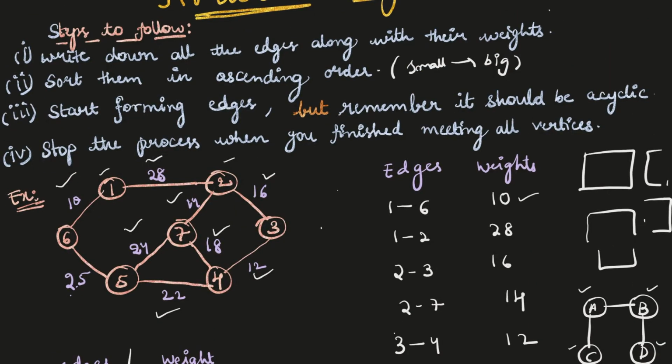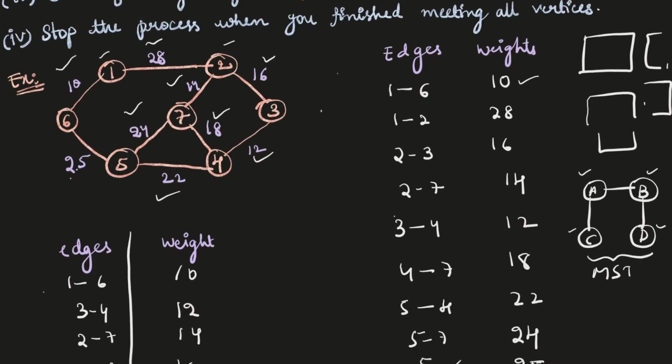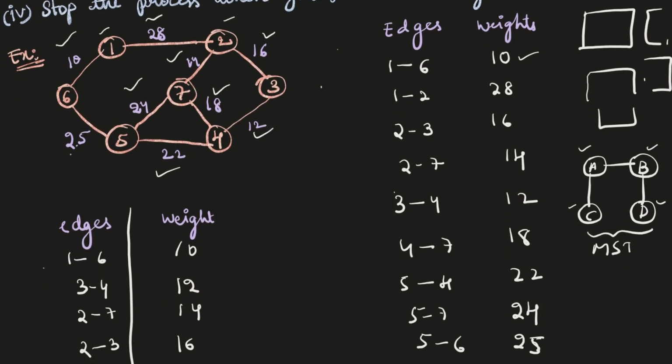Okay, let's see with an example, then you will have clarity about it. In this example, we have to first write down the edges and then the weights. Okay, I have written them down for you. Now these are all in a random order, like 10, 28, 16, 14. It's not having any order.